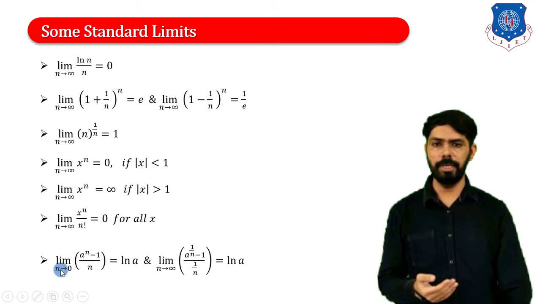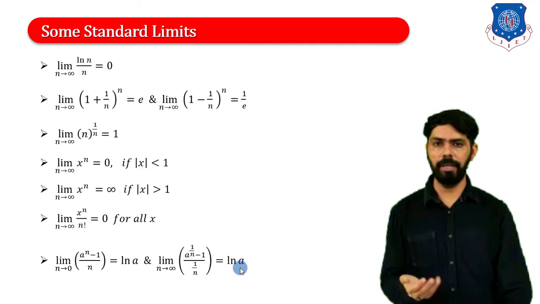Then limit n tends to 0 a raised to n minus 1 whole divided by n is equal to ln a, and limit n tends to infinity a raised to 1 divided by n minus 1 whole divided by 1 divided by n is equal to ln a. So we will apply these standard limits in examples.